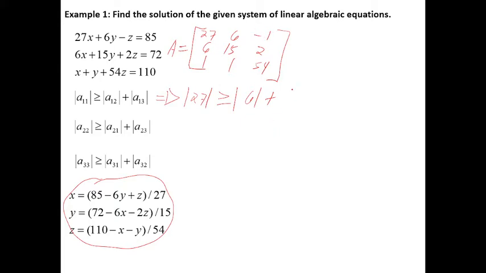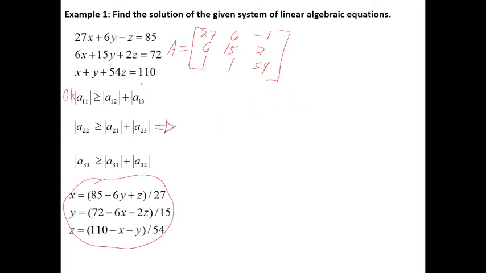So, 27 greater than or equal to 6 plus 1. 27 greater than or equal to 7. Okay, correct. Satisfied. How about the second one?